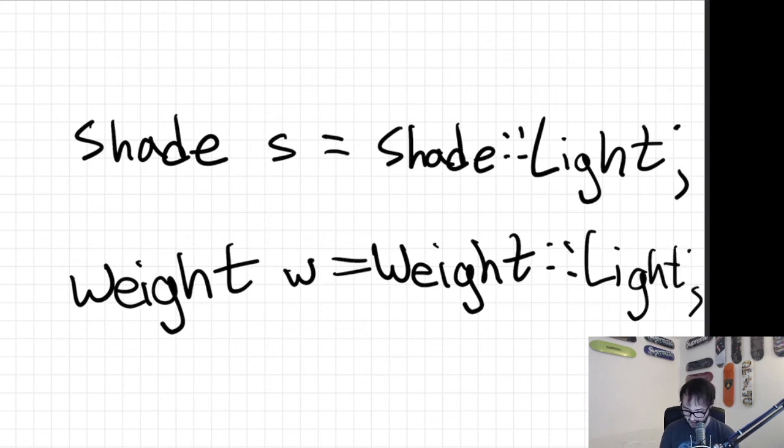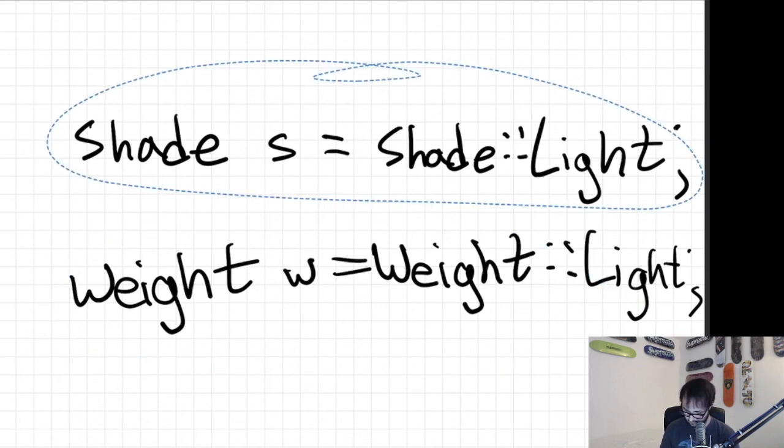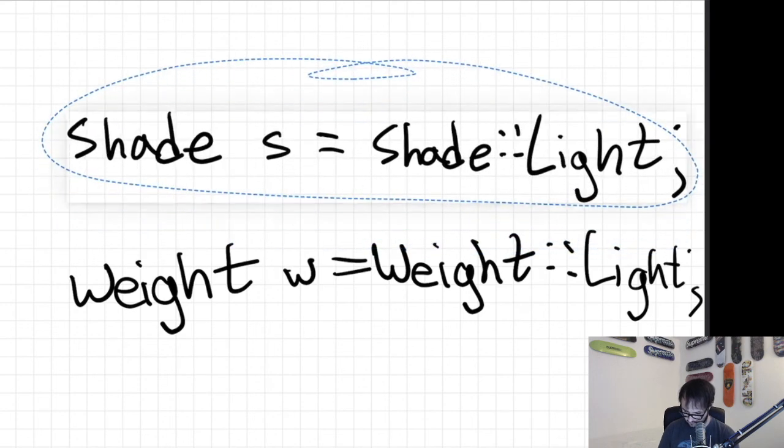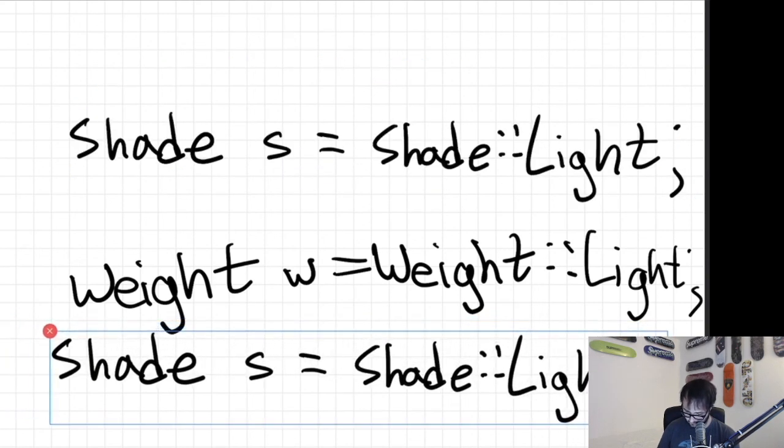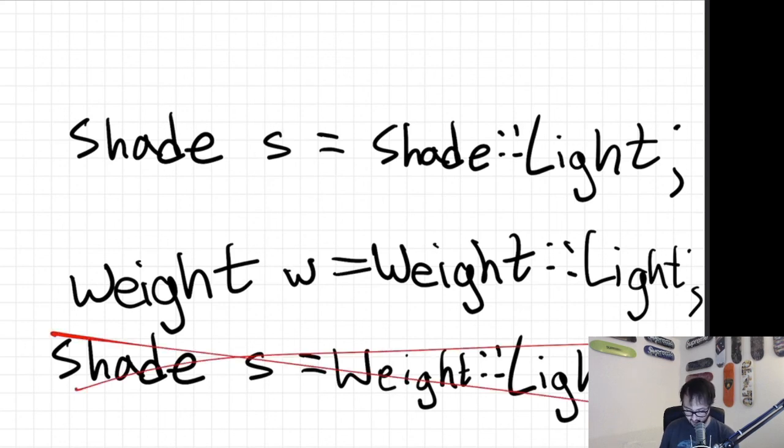But if you did something like shade W equals weight light, this would cause a compiler error when you try to compile your program with the GCC compiler. And that's all we really have time for today.